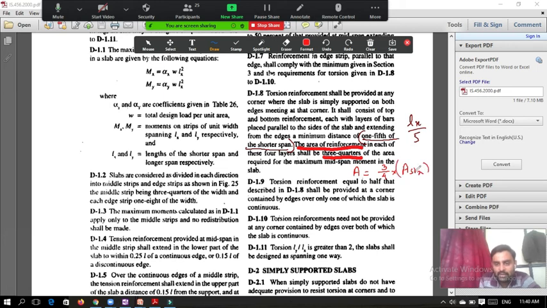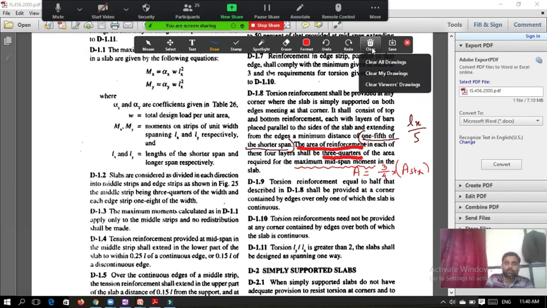Why the x direction? Because the maximum midspan moment is in the x direction. That is why we need to consider the area in the x direction. So the area for torsion is equal to 3/4 of Ast x.